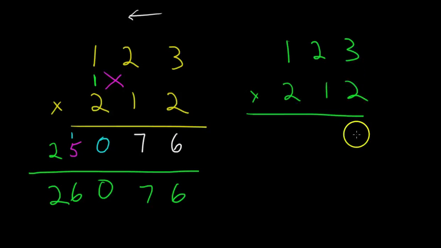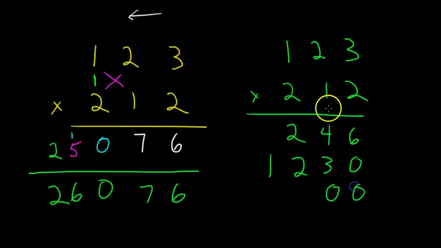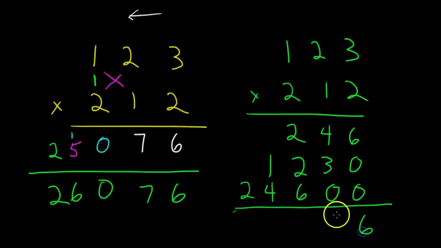We'll do it fast. 2 times 3 is 6. 2 times 2 is 4. 2 times 1 is 2. And then we'll put a 0 there. 1 times 3, 1 times 2, 1 times 1. Now we put 2 zeros. 2 times 3, 2 times 2, 2 times 1. And then when we add together, we have 6, 7, 0. We carry the 1, 6, and 2. And you can see we get identical numbers.